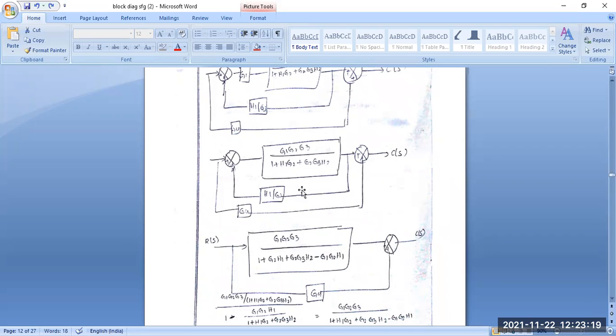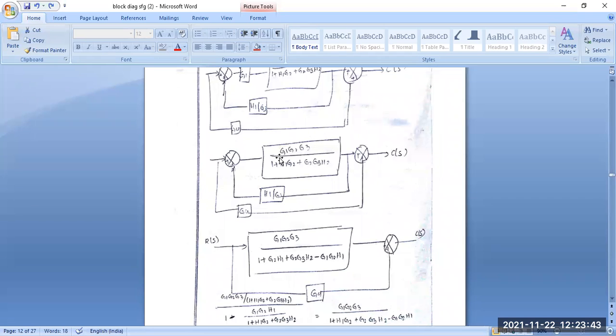So now we have to apply, that is G1 G2 G3 by 1 plus G2 H1, this is G2 H1 plus G2 G3 and H2, minus G1 G2 and G3 by H1 G3. So this G3 and G3 cancel out.